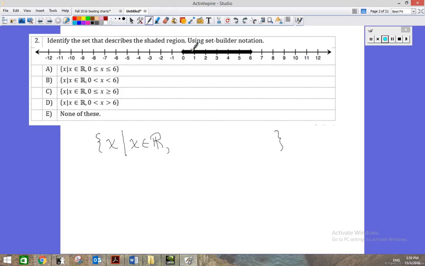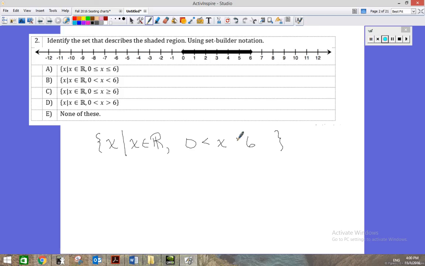This time I'm interested in the set of numbers that are between 0 and 6. I'm going to write a compound inequality. X is always going to be in the middle for a compound inequality. I like to write it in the same way that I see it on a number line, with the smaller endpoint on the left, the larger endpoint on the right.